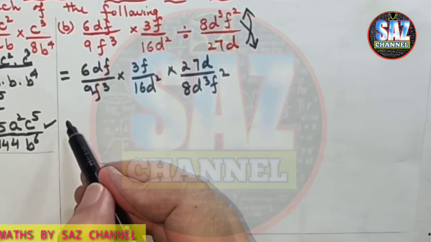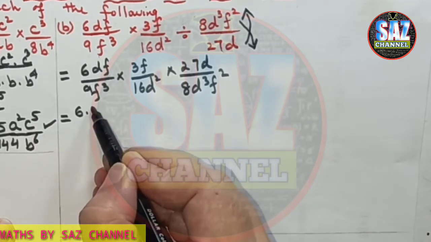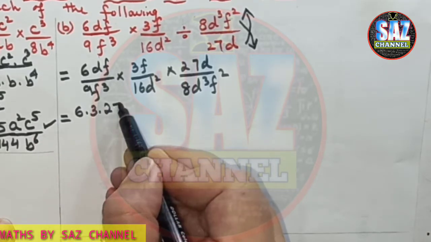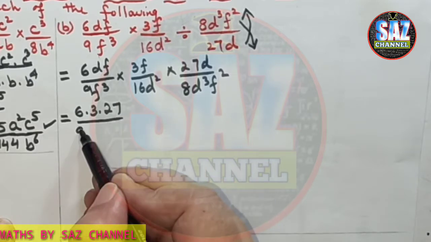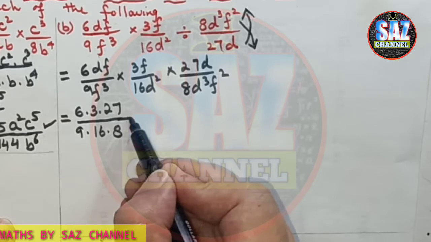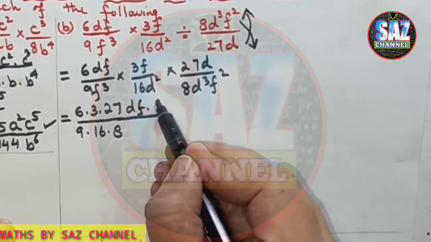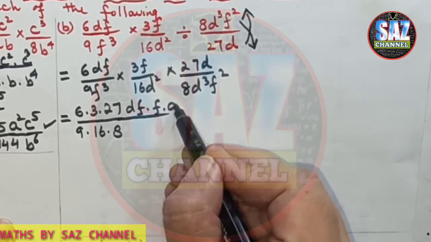Now it's better to write the constant coefficients in the beginning: 6 multiplied by 3 multiplied by 27 upon 9 multiplied by 16 multiplied by 8, and then df multiplied by f multiplied by d.